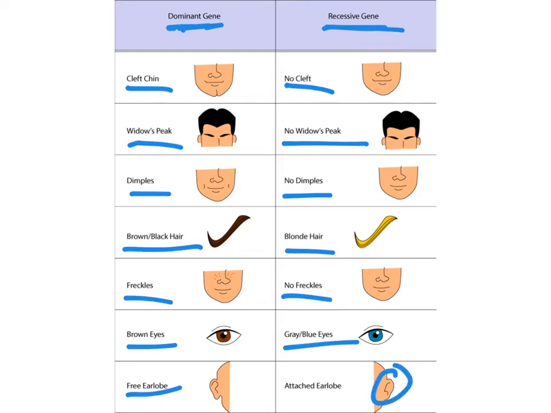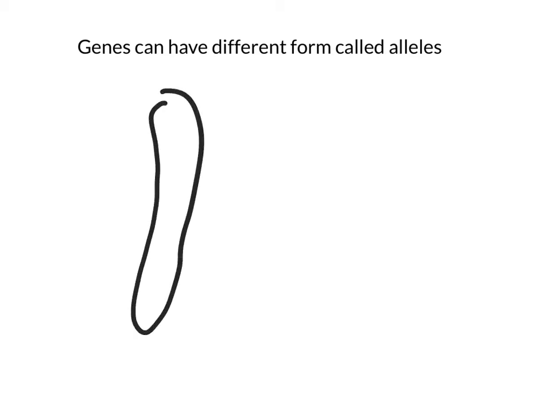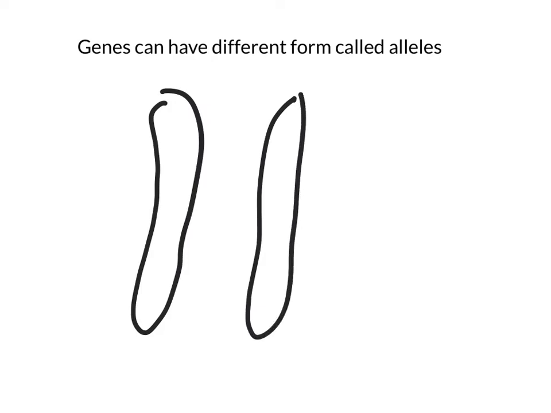So when we're talking about these dominant or recessive traits, let's get some chromosomes drawn on here. Let's say there's a gene located right here on this pair of chromosomes. And let's just say that that gene determines whether or not you can roll your tongue.